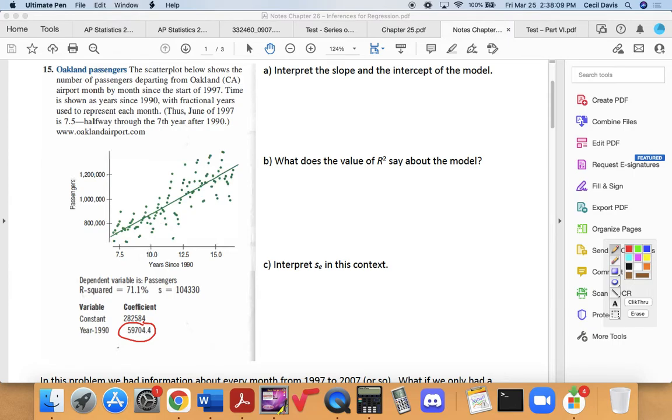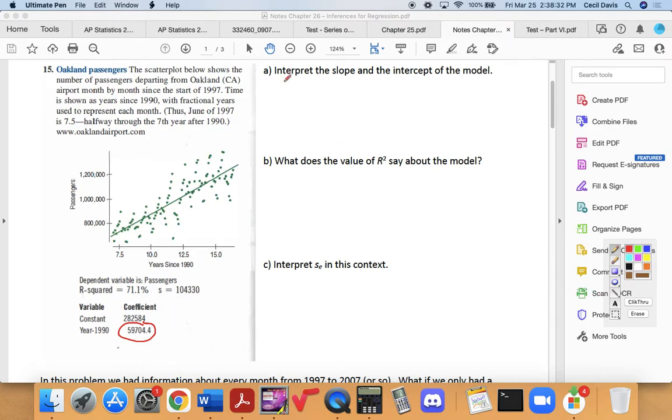So, what does that represent? The average change in passengers over years since 1990, or the change in passengers over years since 1990 on average.